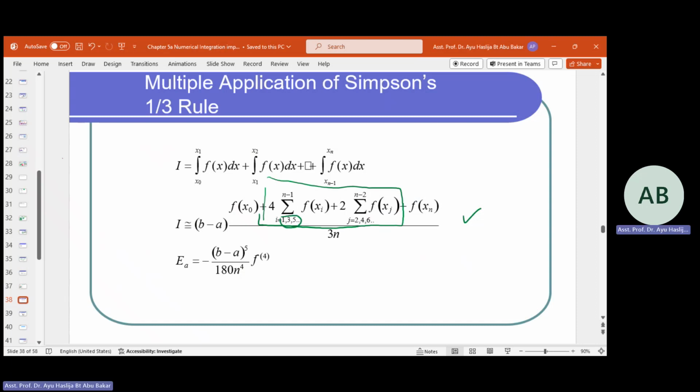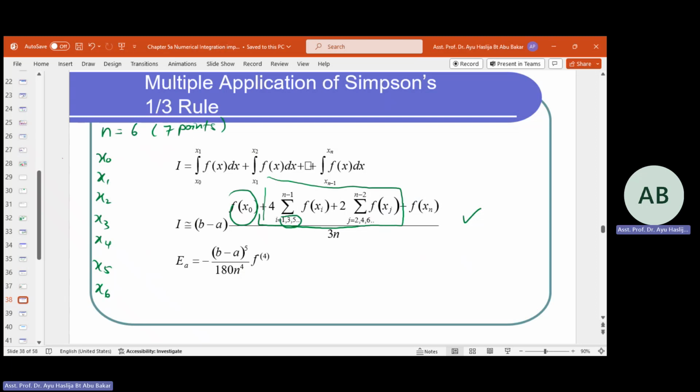numbered data points. Let's say you have n equals to 6. So you will have 7 points, right? So you will have x0 up to x6. f(x0) for the first x0.